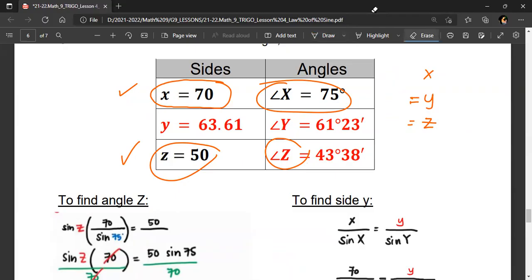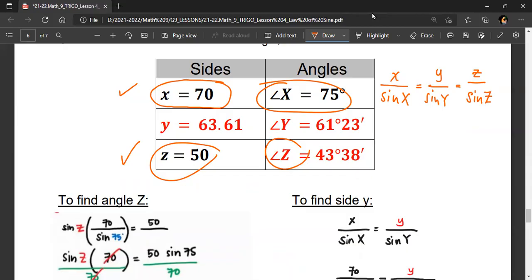Therefore, if X, Y, Z will be applied to the sine law, we will have a relationship of side X over sine angle X, side Y over sine angle Y, and side Z over sine angle Z.